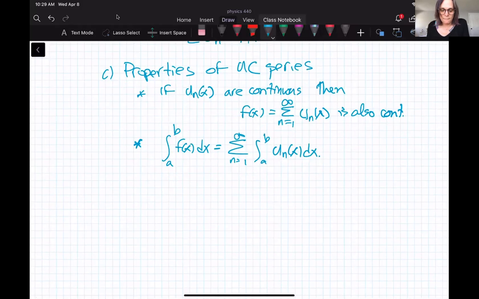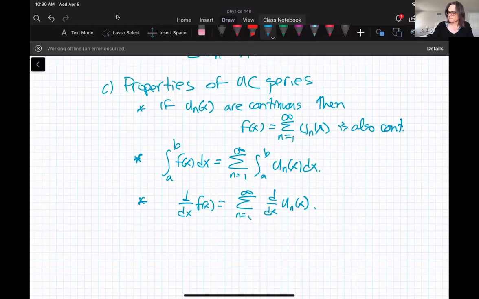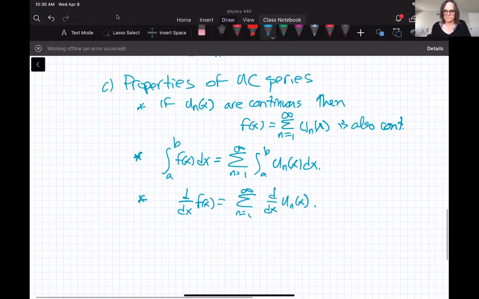And then you can also do the same with the derivative. That is, it's equal to the infinite sum of the derivatives of these functions. Right. And some of these things we've already seen and we will make use of right now.